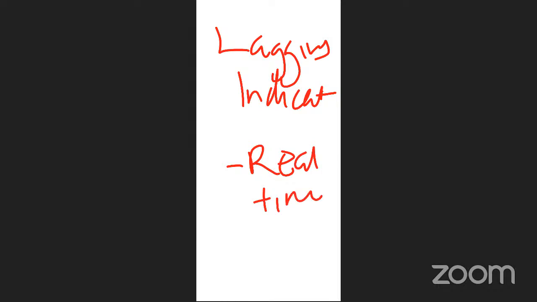Now, lagging indicators, these are types of indicators that use past history to predict the performance of the market. It uses past data. While real-time indicators, these are indicators that give you what is happening in the market now.